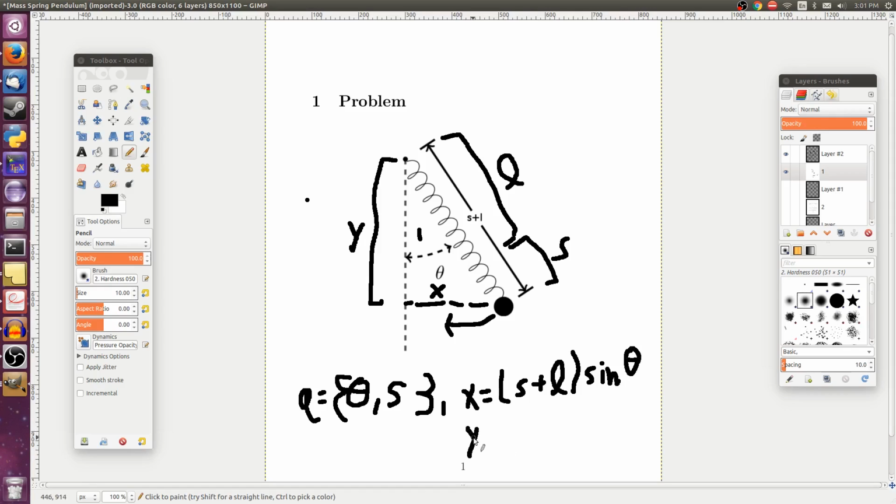And in a similar manner, y is just going to be s plus L cosine theta.